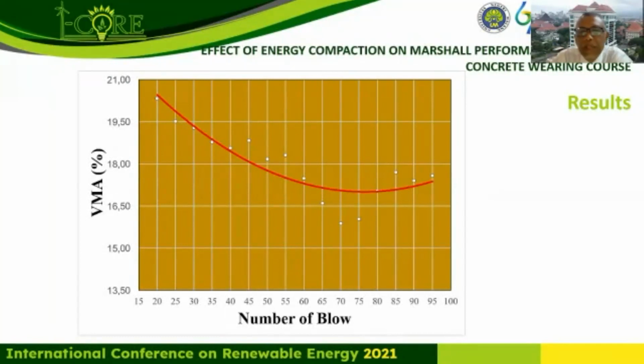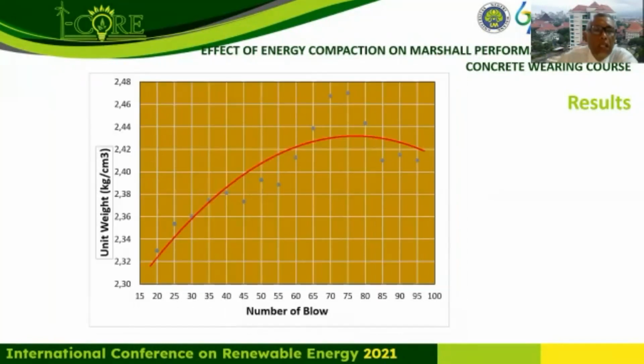So different from before, this is 70, not 75. This is the data of unit weight from 20 blows until 95 blows. We can see the maximum trend at 70 and 75 blows.